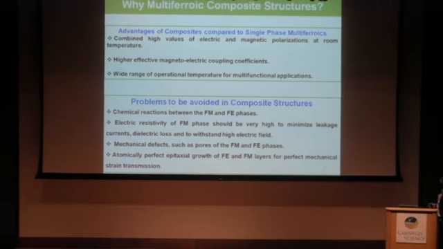The advantages are that we can get combined high values of electric and magnetic polarization at room temperature, higher effective magnetoelectric coupling coefficients, and a wide range of operational temperature for multifunctional applications. That means we can get both the ferroelectric and ferromagnetic transitions above room temperature.